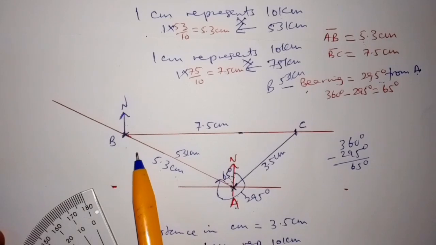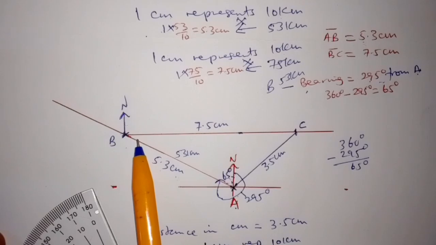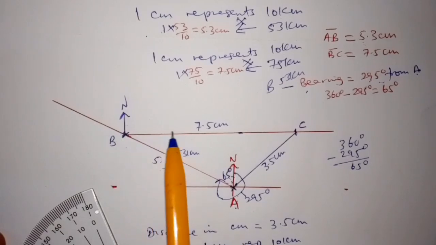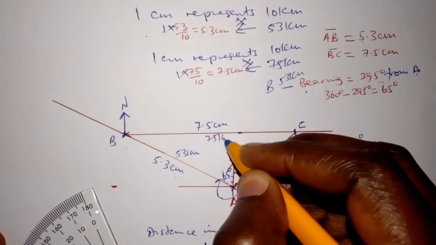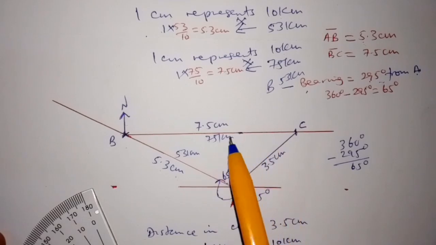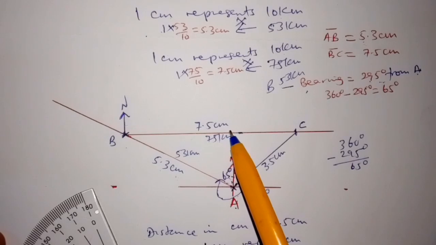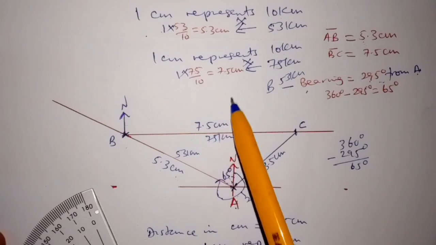After marking it, we are being told that village C is 75 kilometers east of B. This is B, and this is east of B. So 75 kilometers east of B, and we are representing it with 7.5 centimeters.